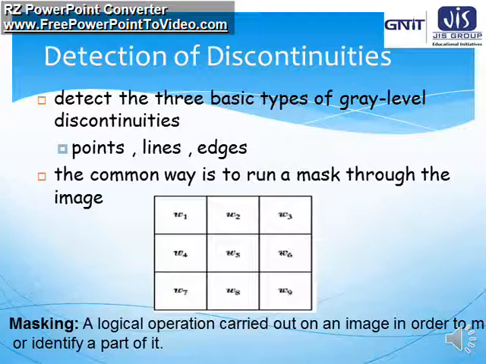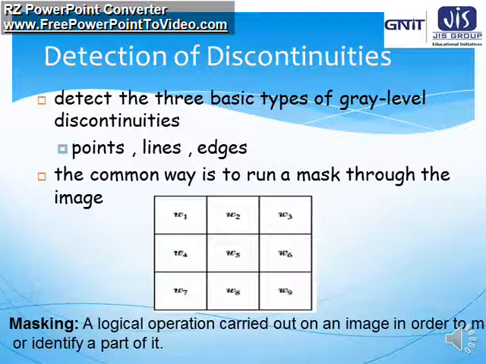A pixel which is not matching with its surroundings or neighbor pixels in terms of intensity is known as an isolated point. A collection of such points is known as a line, and if a line lies between two areas having different intensity, it is known as an edge. So from here we can say edges must be lines, but all lines must not be edges.